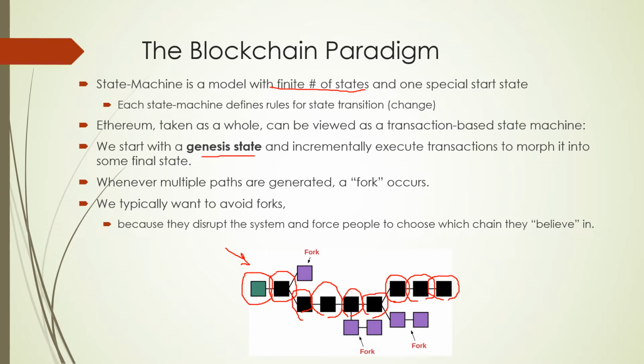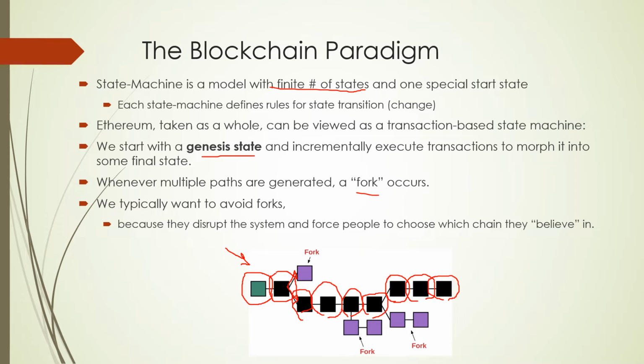And as you see, the path of black blocks is not the only path. There are multiple paths which are generated because of forks. When do we say a fork is generated? When from one block you have two exiting arrows to two different blocks.